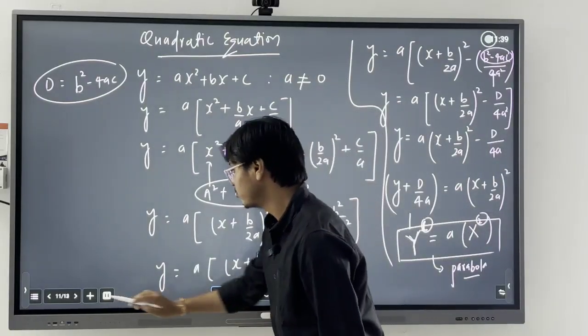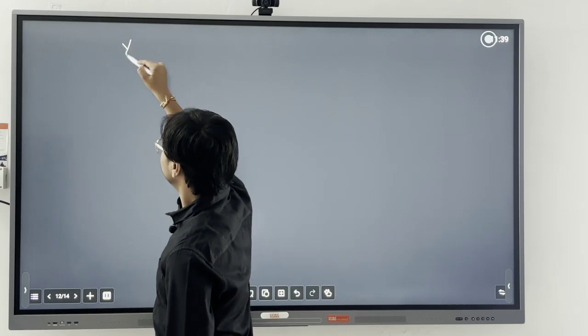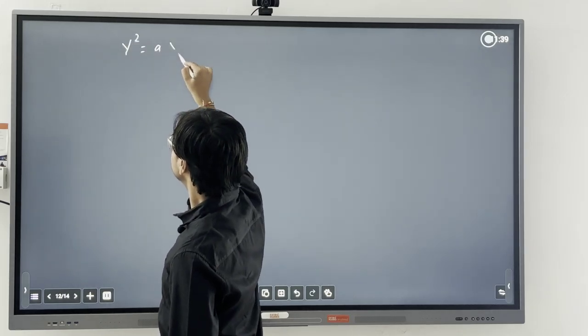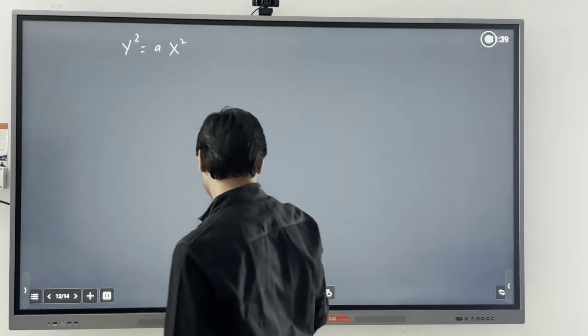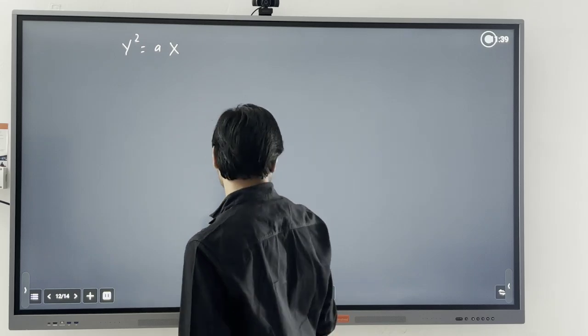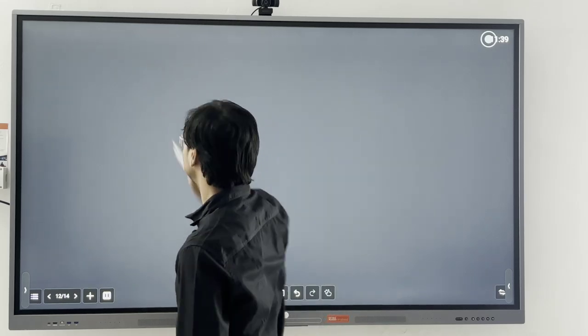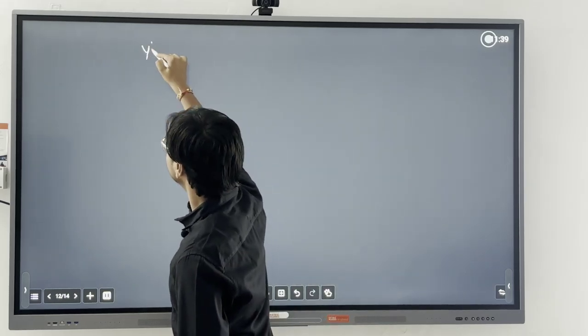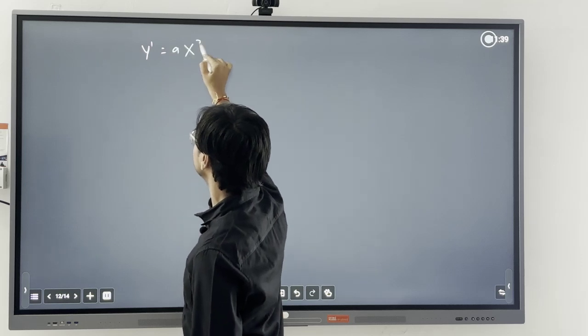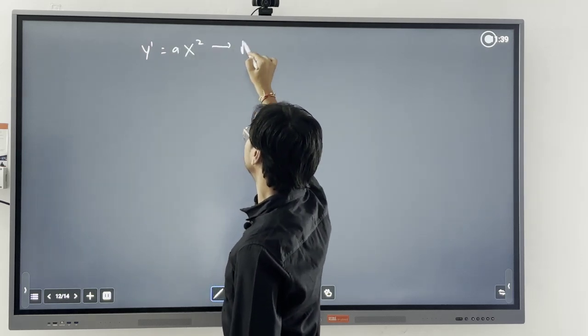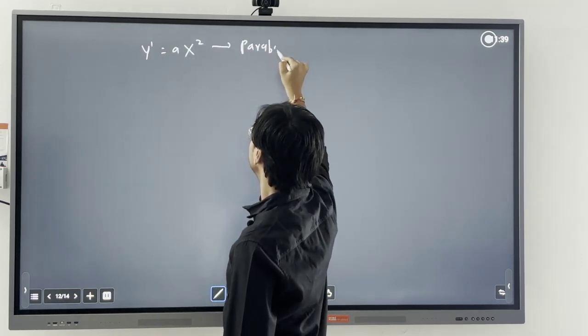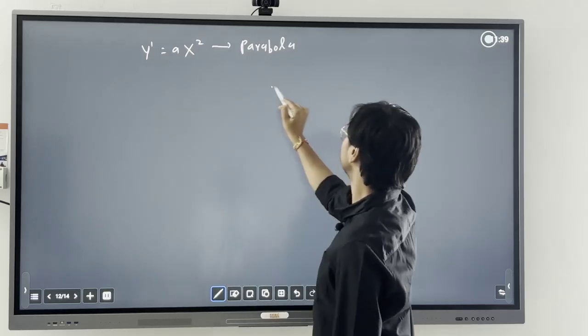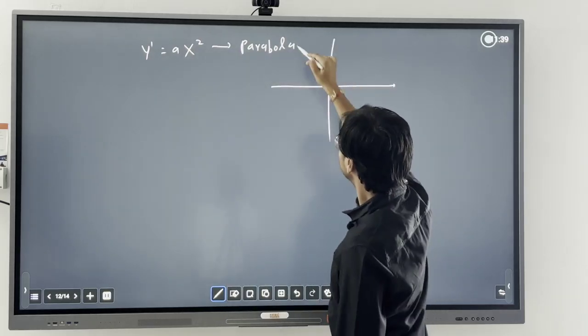Like y power 1 is equal to a into x square. So the graph of this quadratic will become a parabola, and the graph of a parabola is like this.